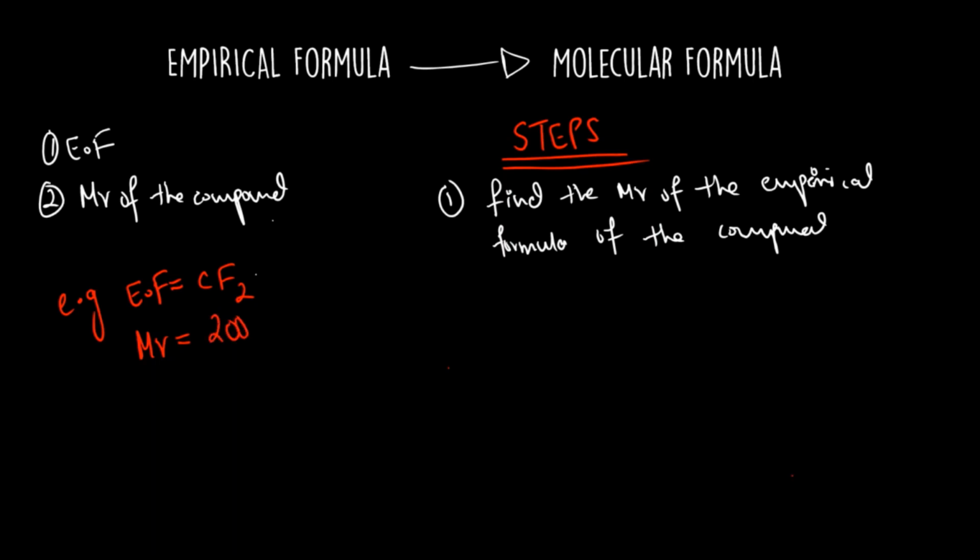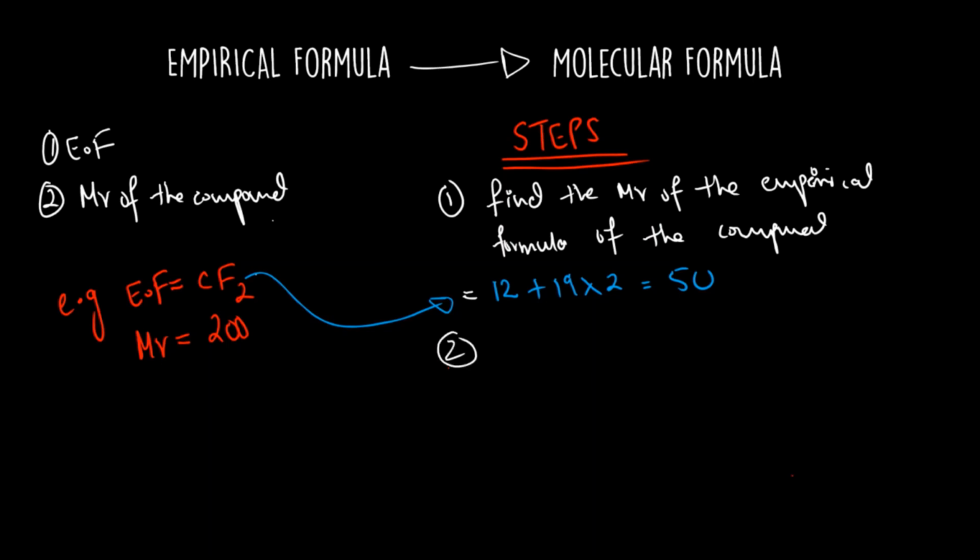So first of all, you need to find the MR of the empirical formula of the compound, which in this case would be 12 plus 19 into 2, which makes it 50. So I'm actually finding the molecular mass for the empirical formula, that is CF2.